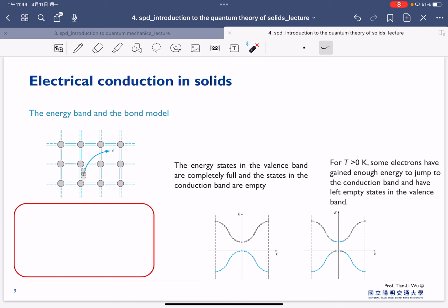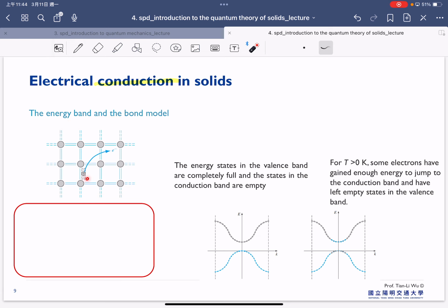And here, we also come back to trying to understand how electrical conduction works in a solid. Again, in the beginning, we always use a two-dimensional drawing to illustrate how the electron flows in the lattice.